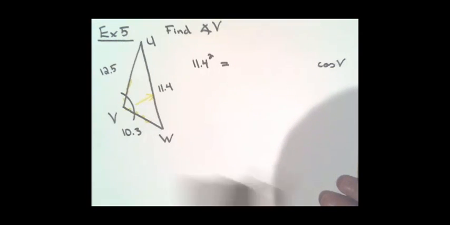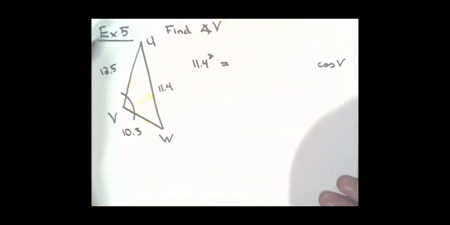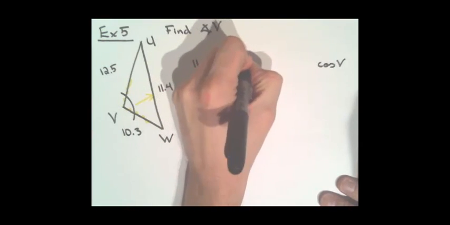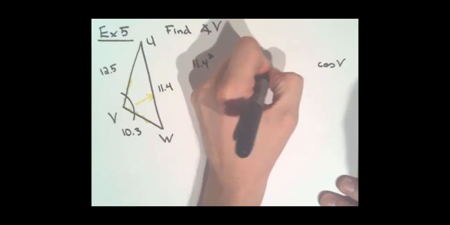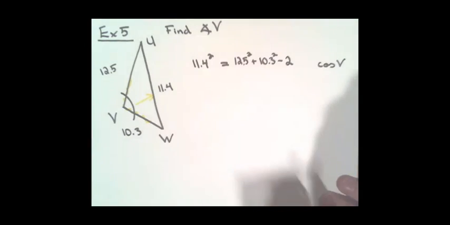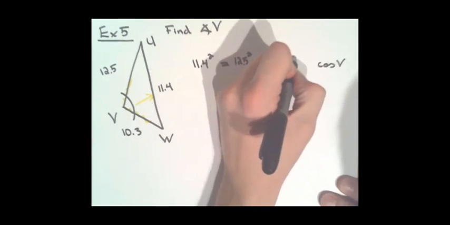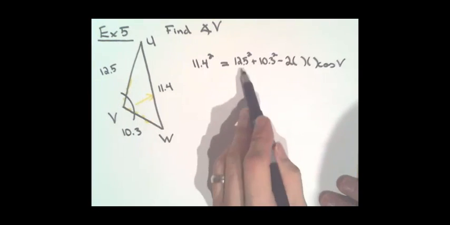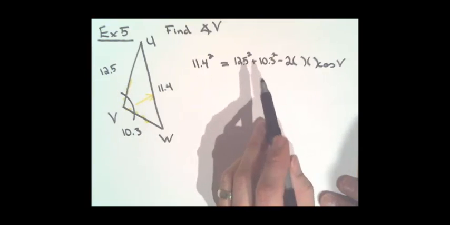And it really doesn't matter what order you go. Well, it might as well be consistent. We'll go 12.5, square it, plus 10.3, square it. Then you subtract 2, it's part of the formula, times these same two numbers.